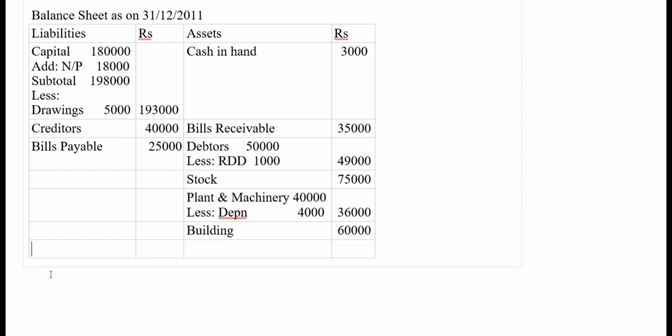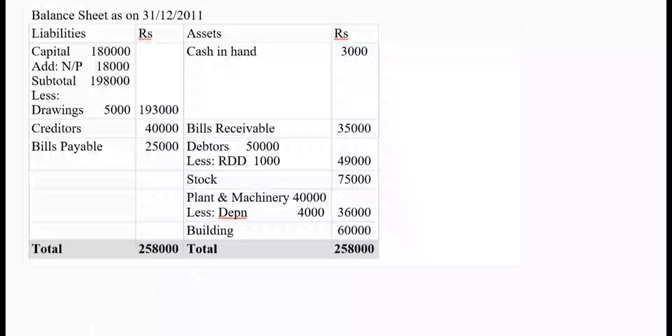Now let us take the total here in this column. It is 2,58,000. So the total here is 3,000 plus 35,000 plus 49,000 plus 75,000 plus 36,000 plus 60,000, which is 2,58,000. So the total of the balance sheet is rupees 2,58,000. Thank you.